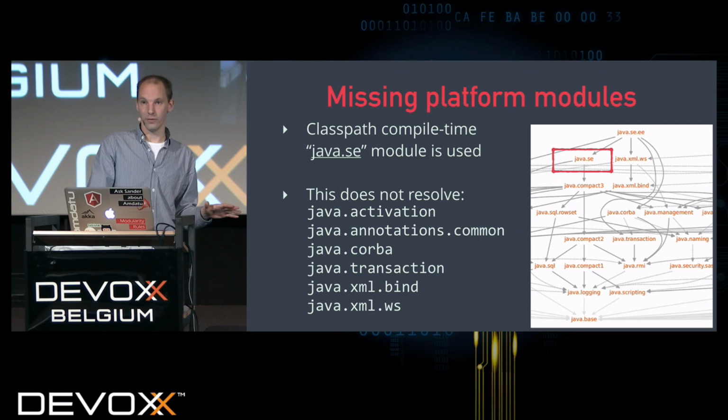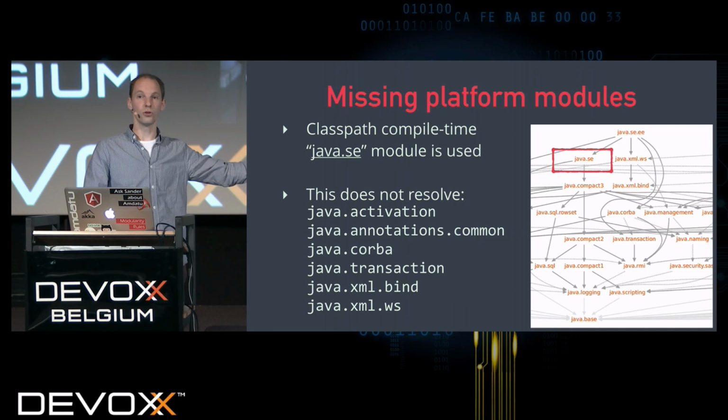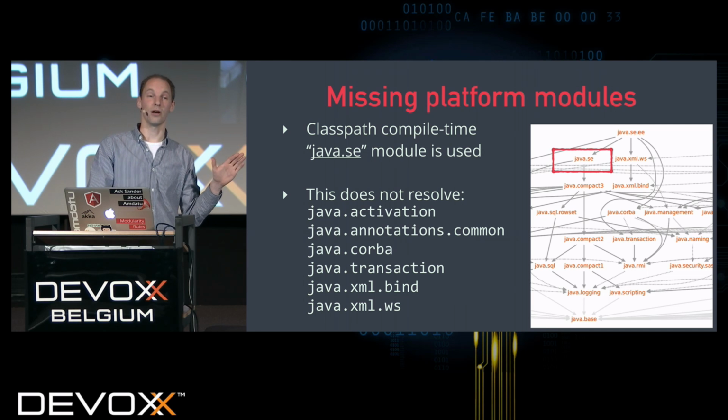Now the problem with this is that if you have a jar on the class path containing code in packages that are also somewhere in a module in the platform, then the Java compiler and the Java runtime will just ignore whatever you put in the class path and use only the package definition of the package that is in the module, and not that's on the class path. That's a bit unfortunate, right?